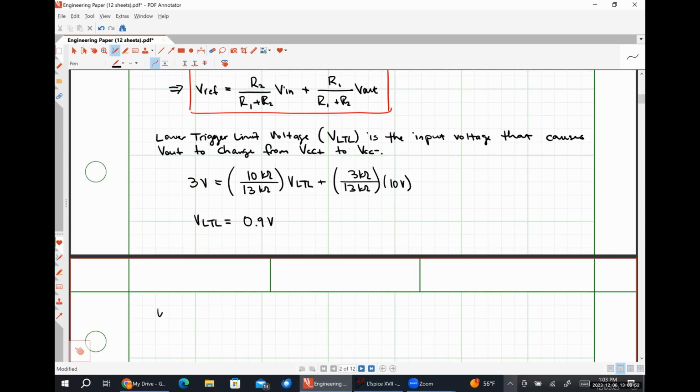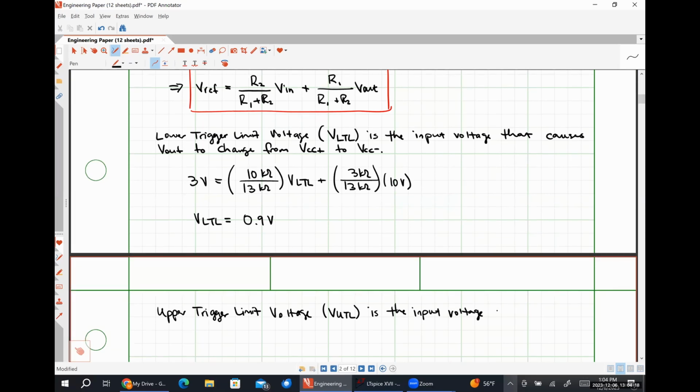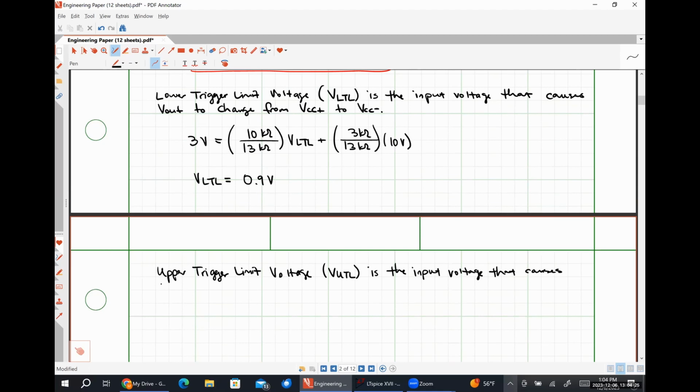The upper trigger limit voltage, the UTL, is the input voltage that causes V out to change from VCC minus to VCC plus.